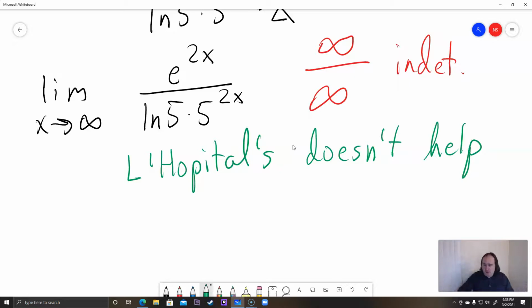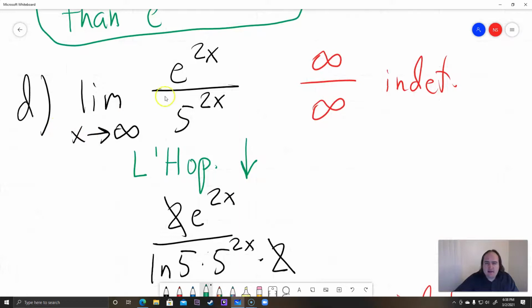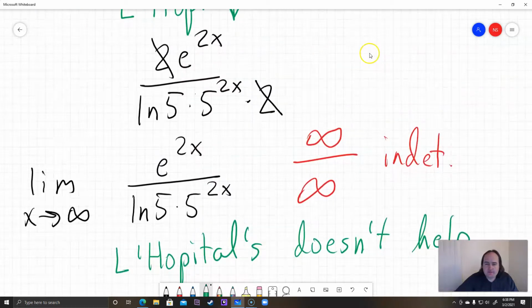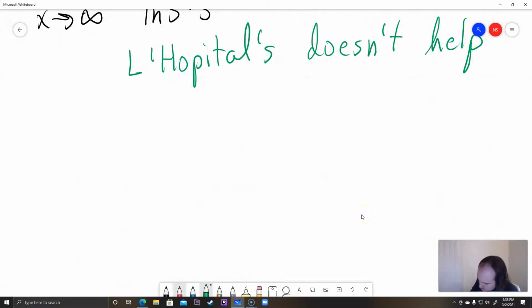So what's the trick? Well, if we go back to the original problem, limit as x goes to infinity of e to the 2x over 5 to the 2x, we can actually rewrite this as e over 5 raised to the 2x power.